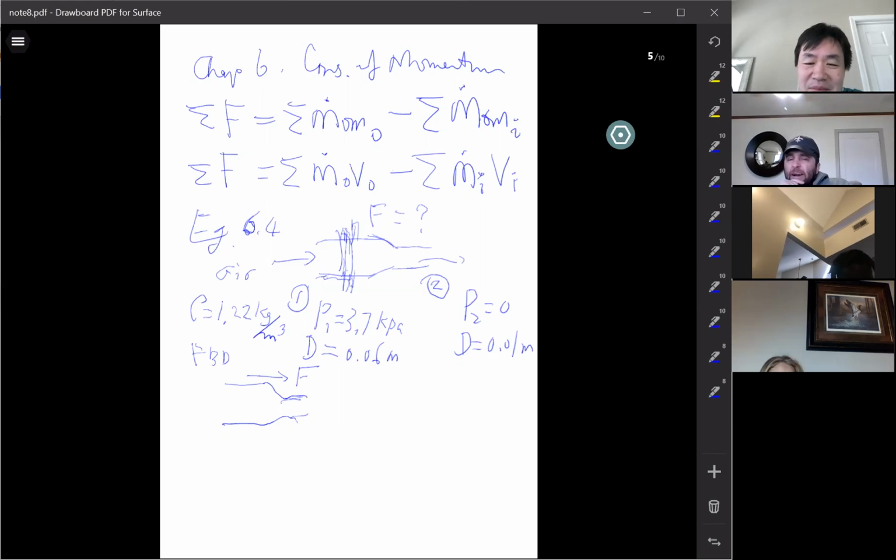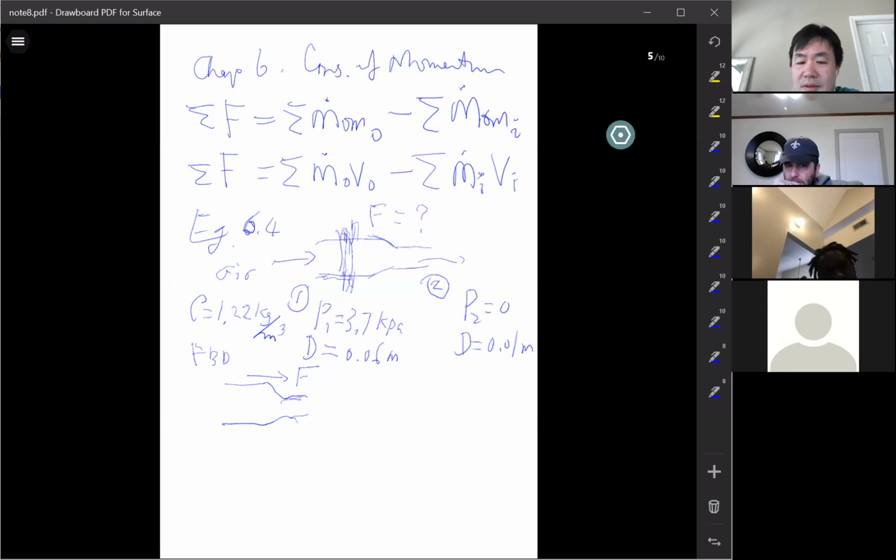Other forces in this problem? No weight here, weight is neglected. Hey, work with me, guys. Will there be a resultant force where the flow touches the angled part?